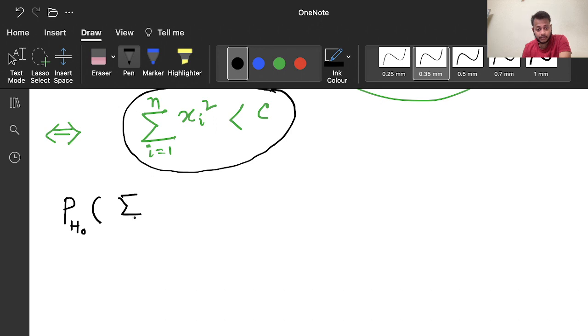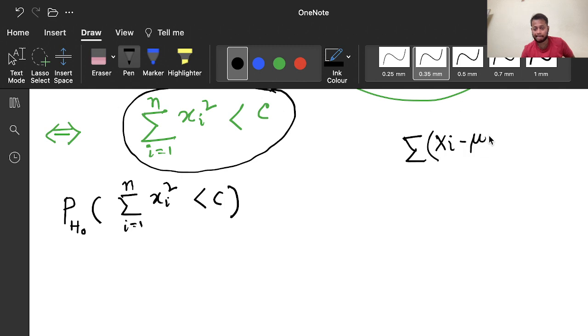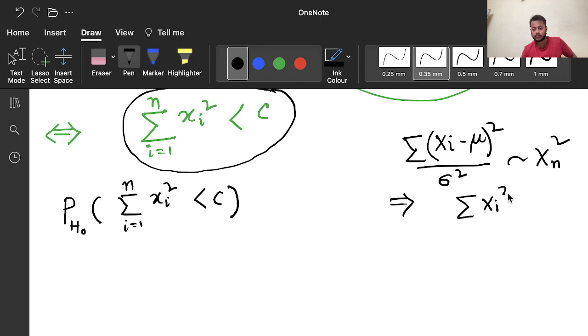This condition is true, that is summation i equal to 1 to n xi square less than C. And we know that summation of, not this, summation of xi minus mu square by sigma square follows a chi n square distribution, or since here mu is 0, this means xi square by sigma square actually follows a chi square n distribution.